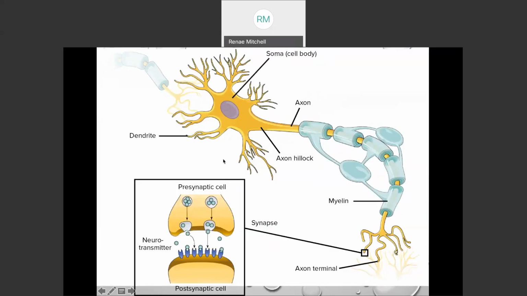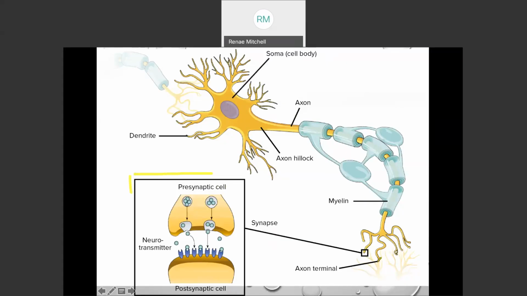You can see here in this section of the image, the synaptic gap, and the presynaptic cell would be, let's say, this neuron right here that's sending information. Once it gets to the very end of the axon, it reaches the axon terminal, right?